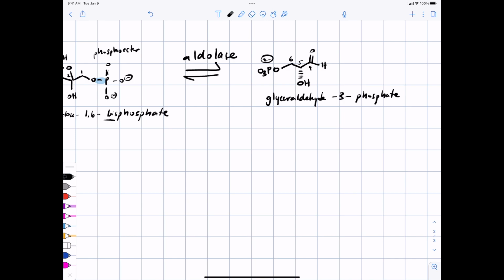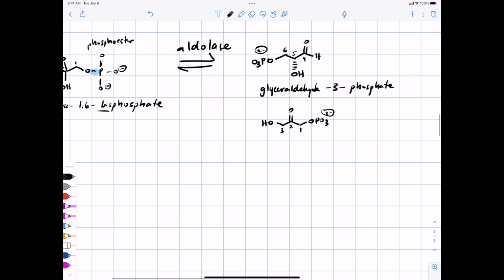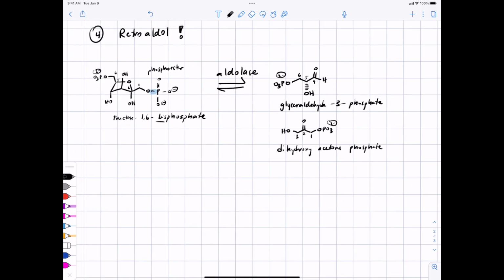Sorry, I was totally wrong about that earlier. And then the other piece we will get out is this one, which used to be carbons 1, 2, and 3, and this is called dihydroxyacetone phosphate. Two 3-carbon molecules.